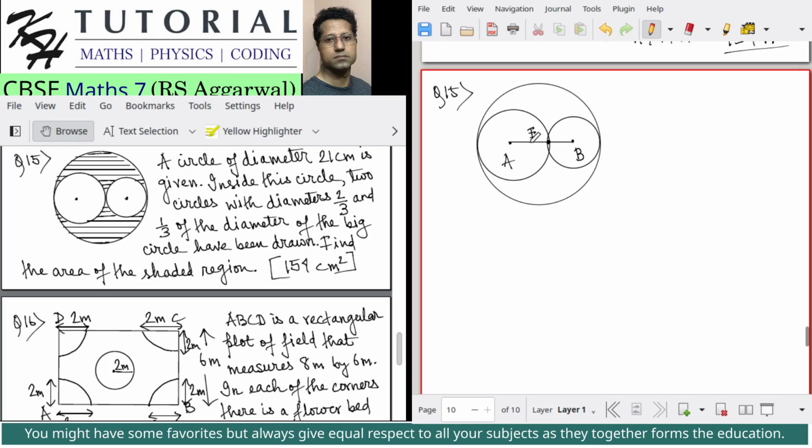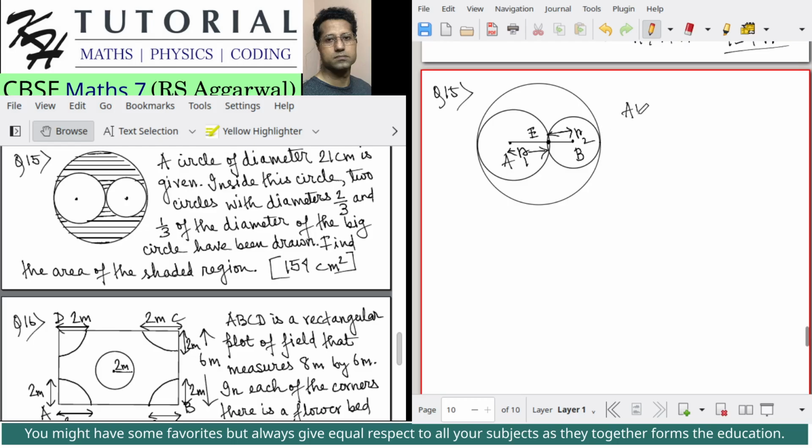And also notice AE. What is AE? AE is the radius of the inner bigger circle. Let's say this is R1, and let the radius of the inner smaller circle be R2.